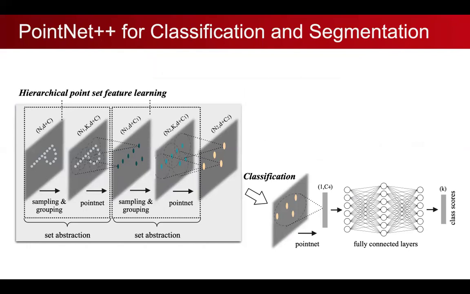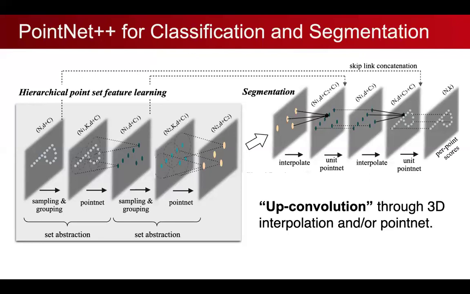But if we want to do segmentation, we do the opposite of the abstraction here, because we take the features and then we expand them using interpolation and up convolution.